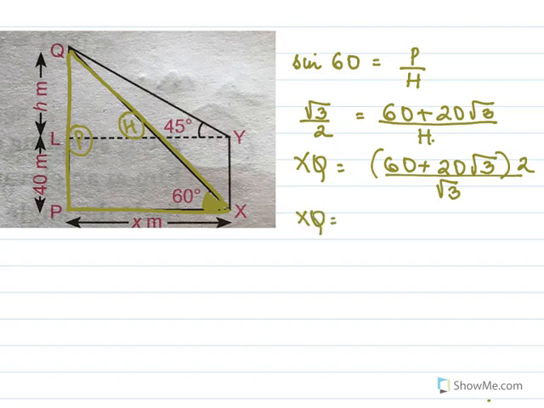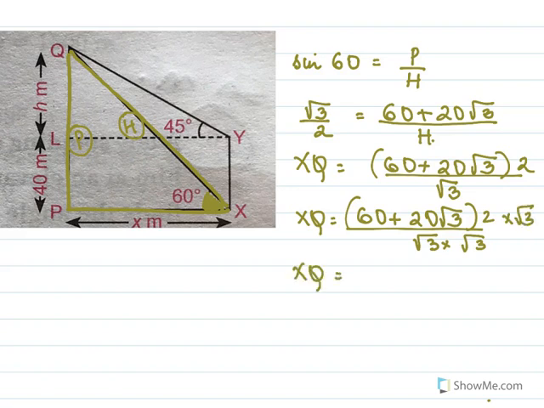If you rationalize this, you get XQ equal to 60 plus 20 root 3 over 2 root 3 over 3. You can leave your answer at this point, or you could open the bracket and simplify.